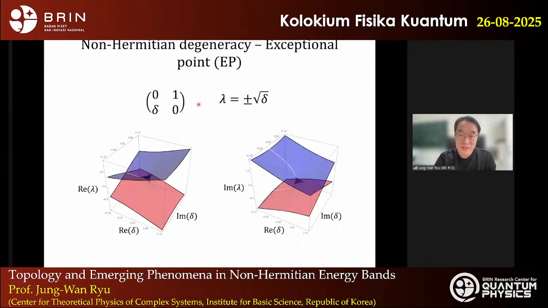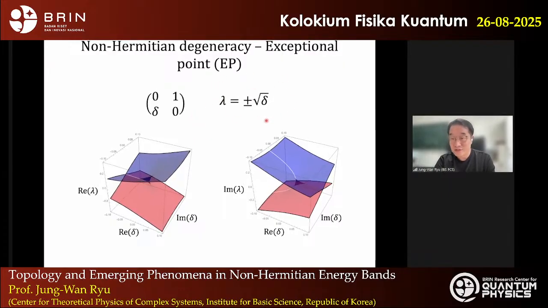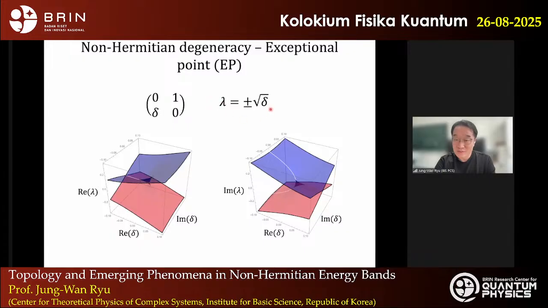This is a Jordan normal form, and this eigenvalue has the square root branch structure, which makes this kind of special form. This form is very strange because there are two bands, or two states. If we start from the upper band and change our parameter adiabatically, very slowly, we can follow this surface and this boundary.